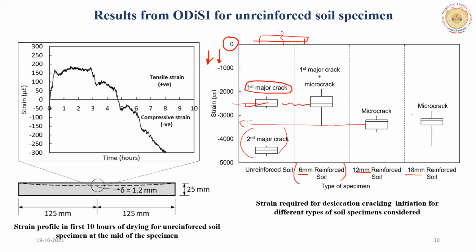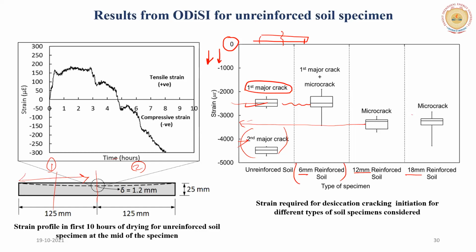Now, for the second crack, as I told you, the specimen cracks from the center. So this is in part number 1 and part number 2. This part will again try to shrink, and that will undergo some cracking at its center. So the amount of strain required for the second crack will be very high.